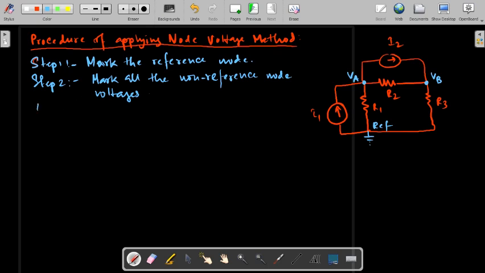Now in step 3, once step 1 and step 2 are over, we can go for step 3, that is apply KCL at all the non-reference nodes. Here the non-reference nodes are VA and VB.